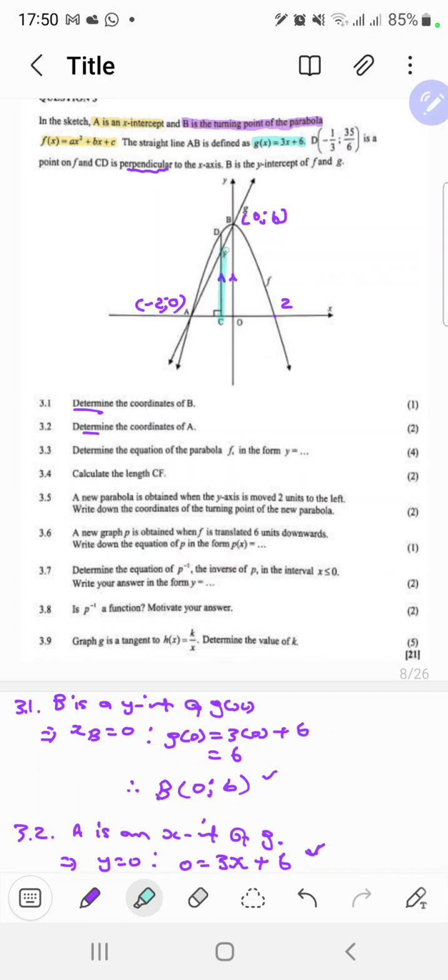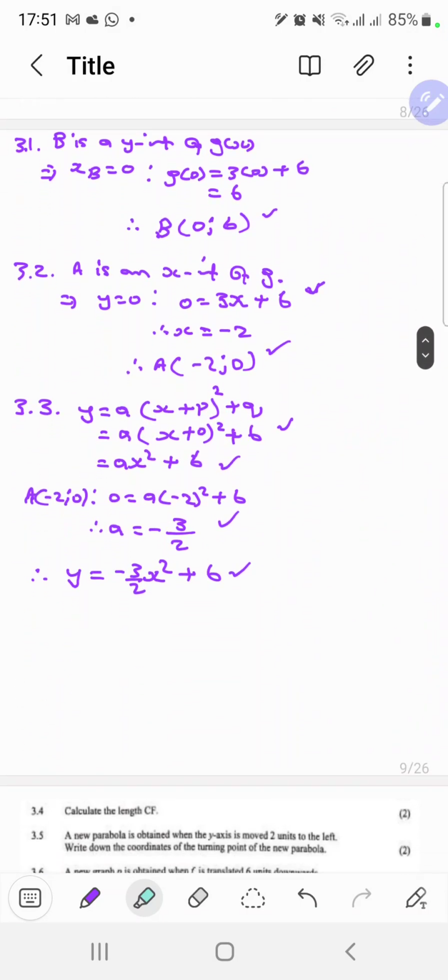We said the x-coordinate of F is the same as the x-coordinate of D, which is the same as the x-coordinate of C. Why? Because that is a vertical line. But on which line does this F lie? It lies on the line of g. So it means CF is going to be effectively the y value at F. Very easy stuff.